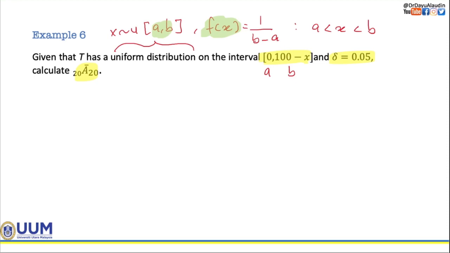A for this case is 0 and B is 100 minus x. So this is De Moivre's law, and gt is 1 over 100 minus x minus 0.